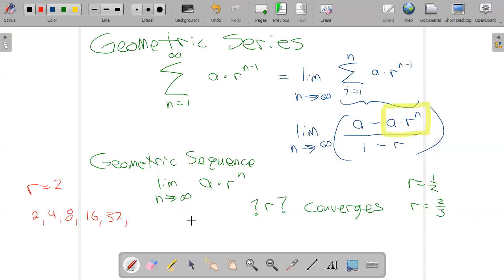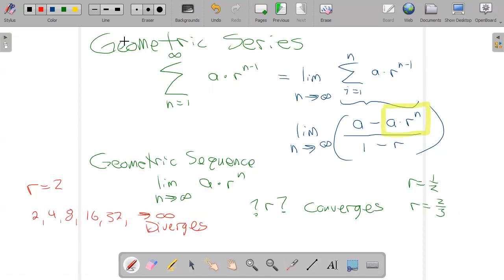What's this sequence doing? Diverging. Yeah, this increases forever. Anybody want to take a stab at what kinds of values for R diverge and what converge? If R is less than 1, now that's assuming R is positive, but could R be negative? Turns out it could be.